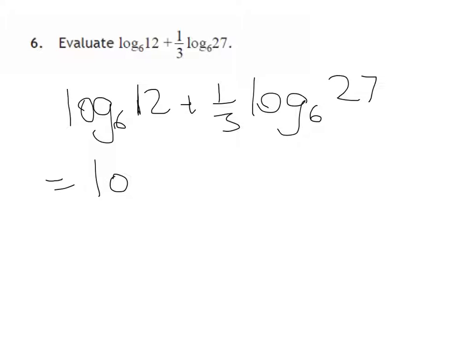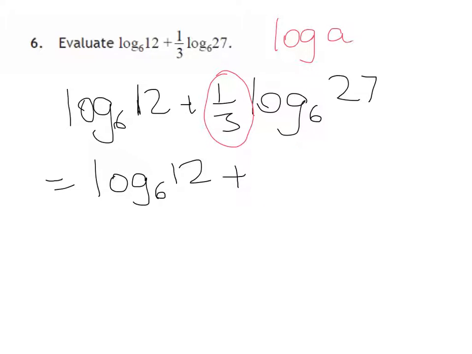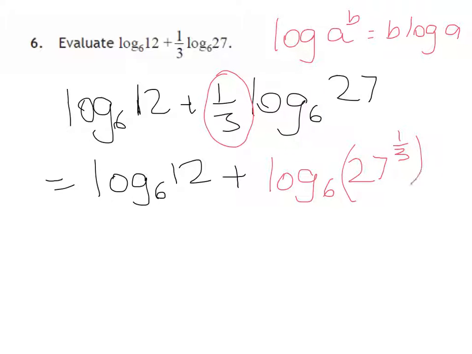So that's equal to the log to base 6 of 12 plus, using the rule that log of a to the power of b equals b log a. So we're going to do this one backwards. So it's log to base 6 of 12 plus log to base 6 of 27 to the power of 1/3. In other words, the cube root of 27. So log to base 6 of 12 plus log to base 6 of 27 to the power of 1/3.